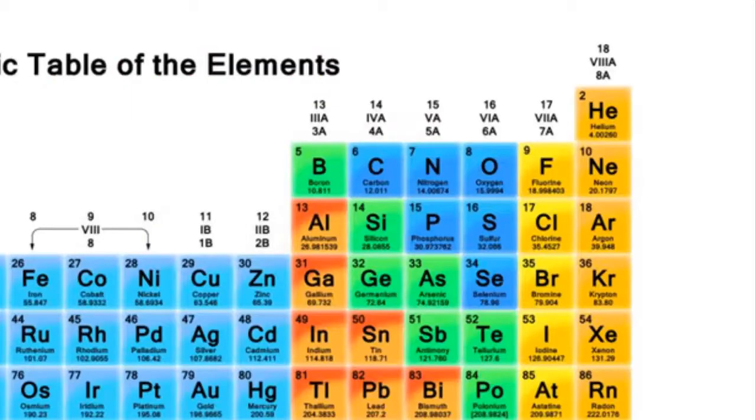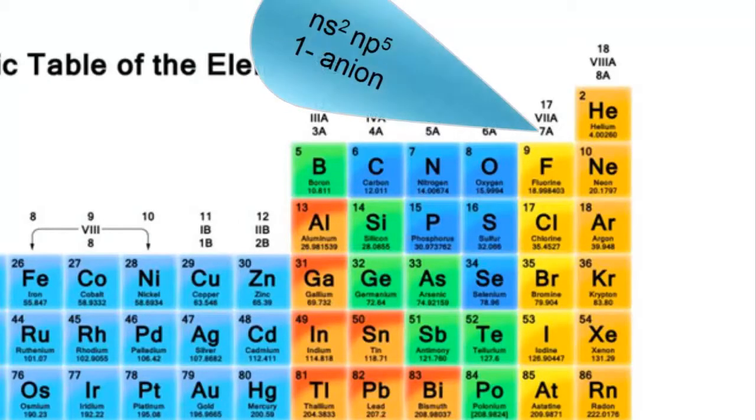Again, the same situation holds true for every member of the halogen family. All of them end in some number S2, some number P5, and therefore are all 1 electron short from being a noble gas. Therefore, they will all form a -1 anion.